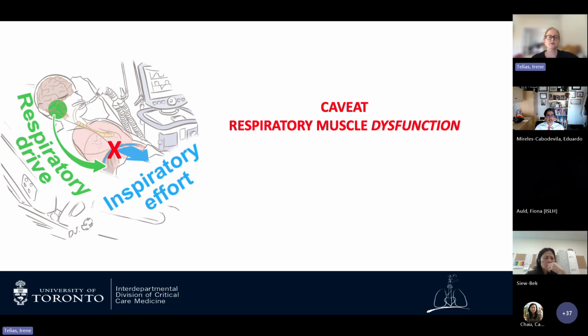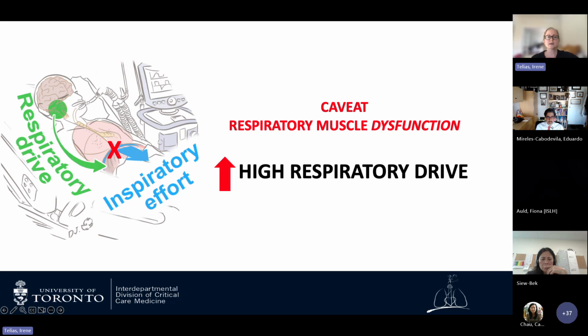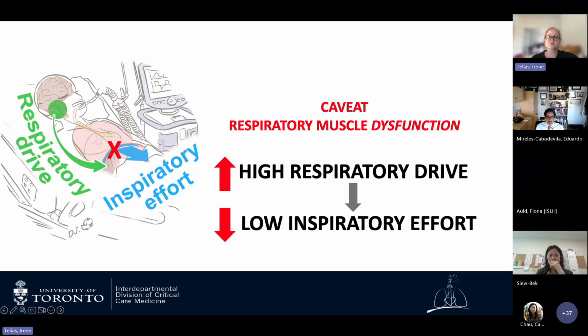There is one very important caveat: when we have respiratory muscle dysfunction, so in this case the diaphragm is not working well, we can have a patient with very high respiratory drive, but not so high inspiratory effort.